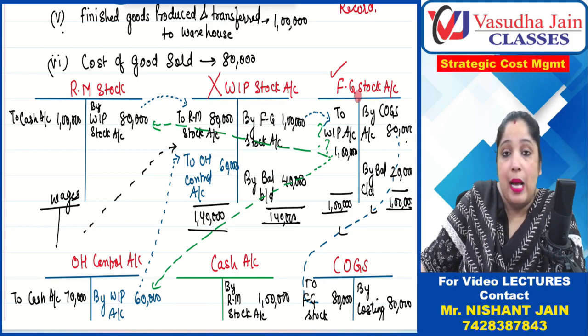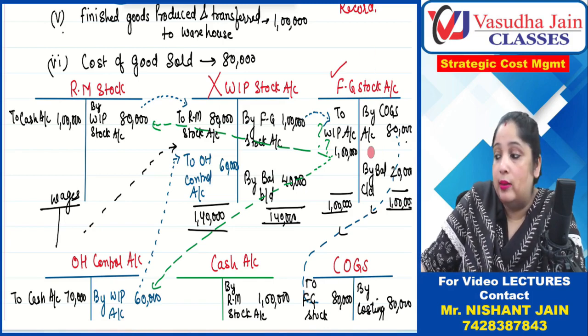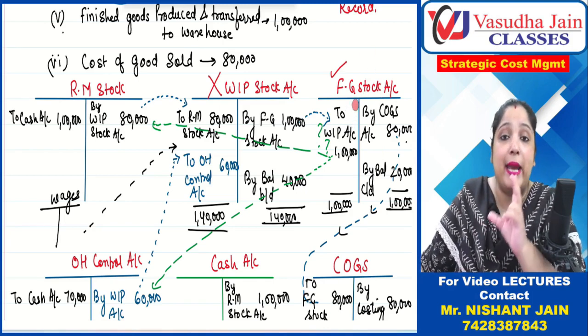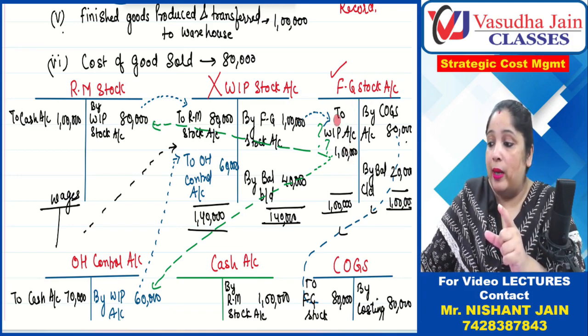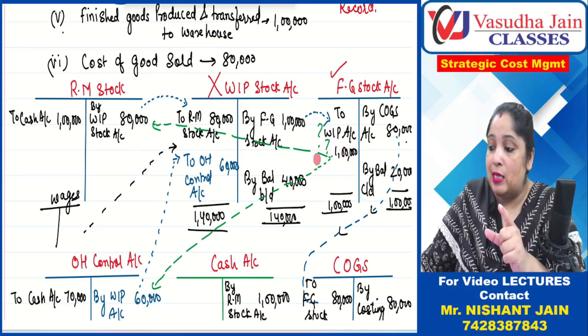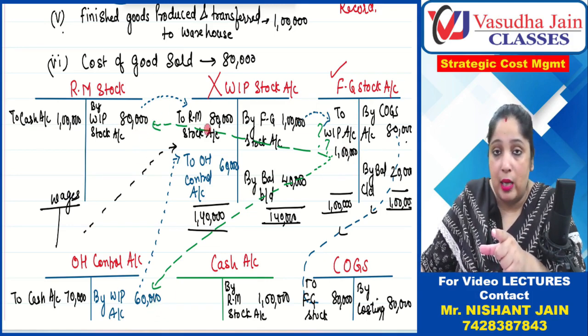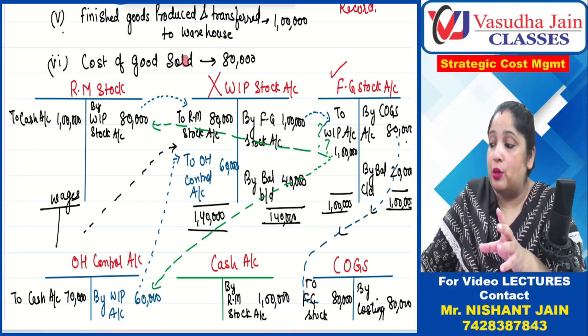That is, we will pass an entry in the finished goods stock account that this much worth of finished goods, at standard cost, have been made, raw material is used this much, and overheads that should have been incurred are this much. These entries, instead of passing to work in progress and then from work in progress to finished goods, we will directly pass to finished goods.